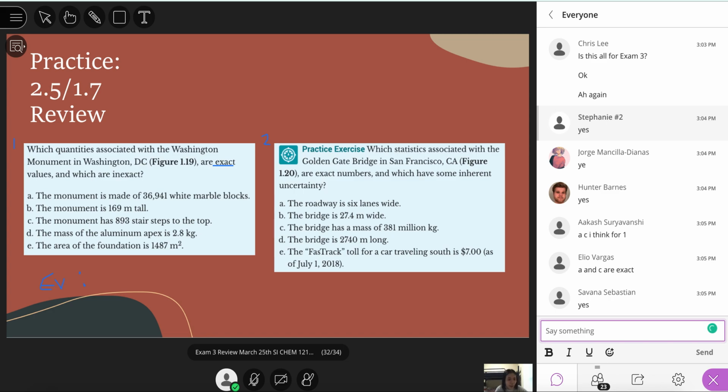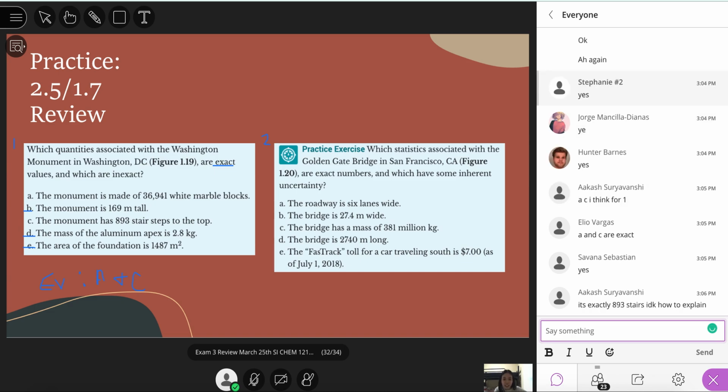Can anyone tell me why that is A and C? What makes it correct? What makes exact values? How do you know? Because the rest of them, B, D, E, those are inexact, right? How do you know that A and C are exact? How did you figure that out? What pattern do we have with exact?